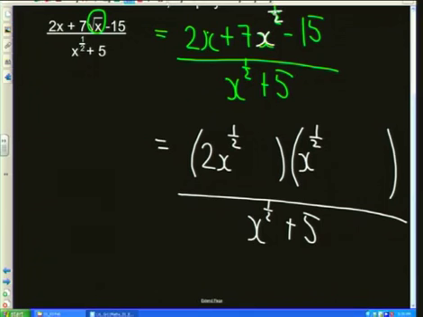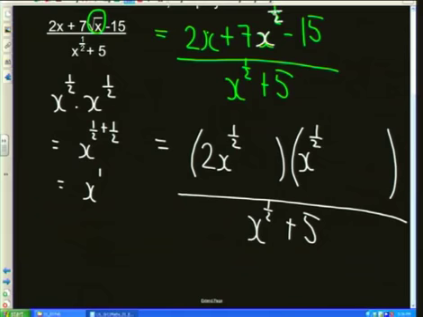That x to the half times itself will give me x to the 1. So a very important tip, x to the half times x to the half, same base, keep the base, add the exponents, half plus a half. Don't get tempted in multiplying these things, which is x to the 1. So my middle term always tells me what the first two factors are going to be.